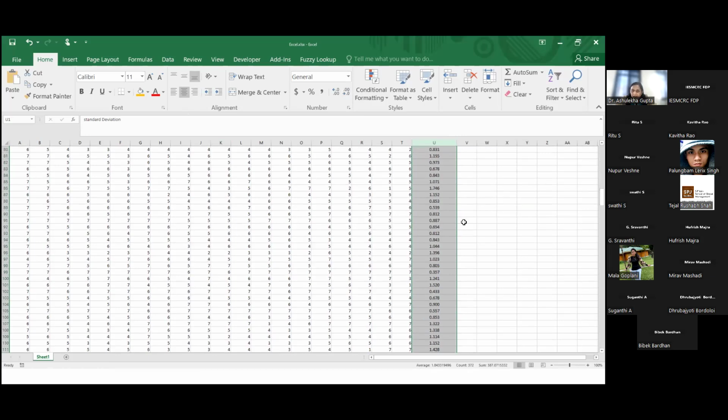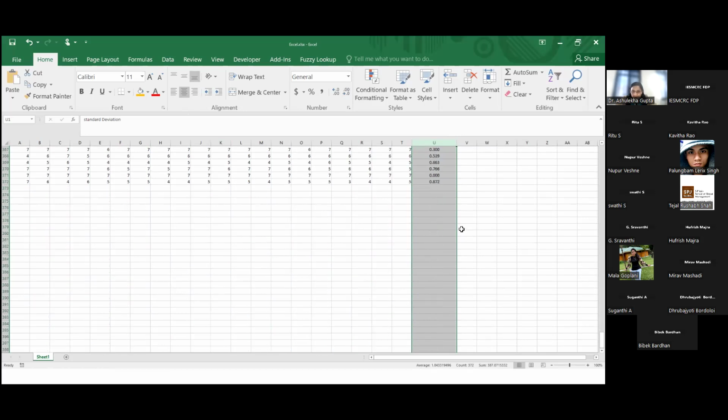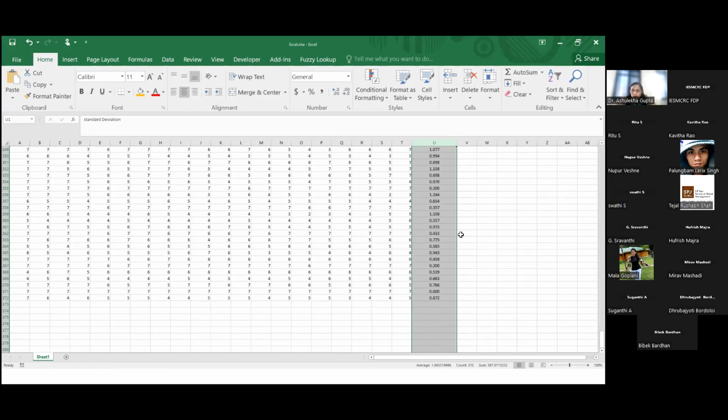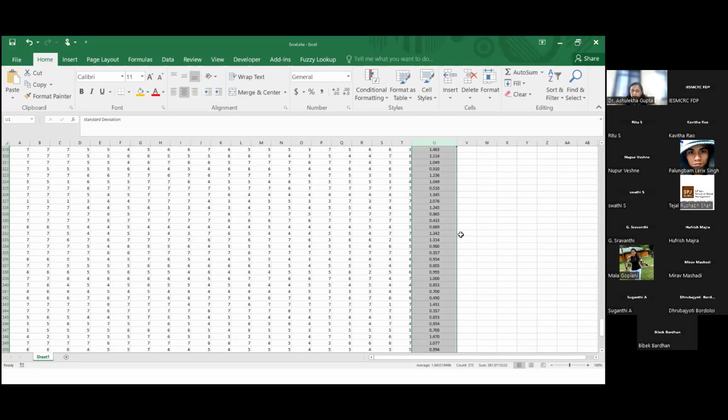But here I found that in these values, at one place the standard deviation is 0. I have seen standard deviation is 0. Or you can put a filter also, where the standard deviation is 0.